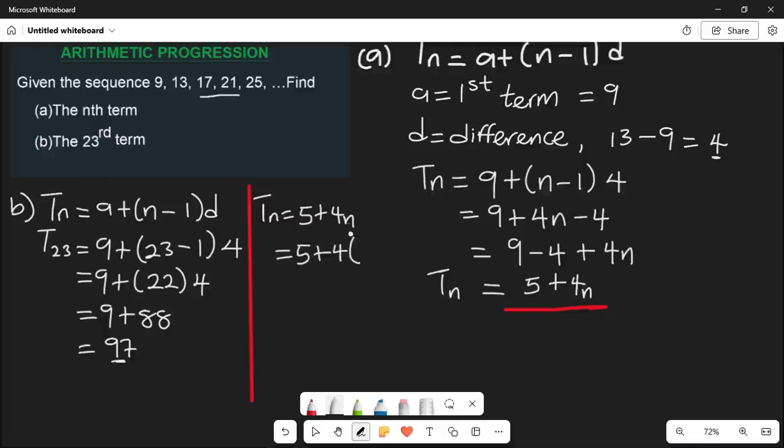Remember, now n is 23, so that is going to give us 5 plus 4 times 23. That will give us 92. Then 5 plus 92 is still going to give us 97. So we still have the same answer here.